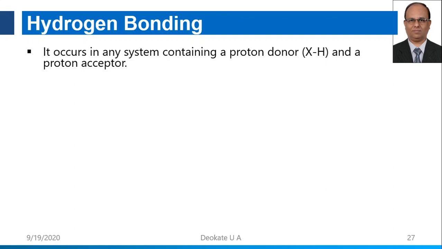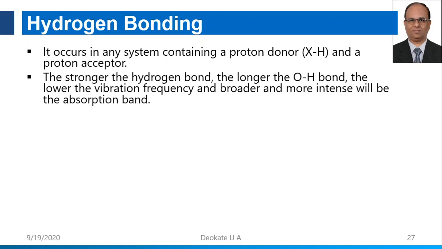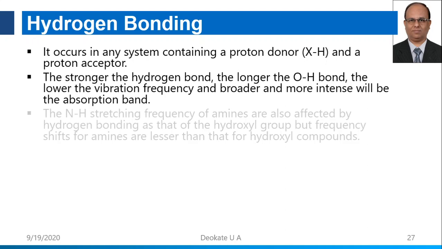Either it is X-H, where X may be OH or NH, or whatever group may be there. The stronger the hydrogen bond, the longer the OH bond. So for the broad OH bands we observe in IR, the lower the vibration frequency, the broader and more intense the absorption bands will be.